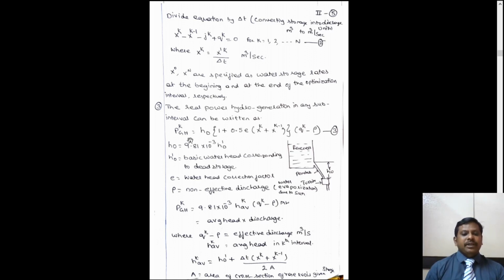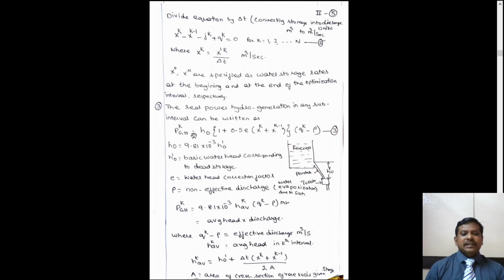This formula can also be obtained from thermal textbooks in the mechanical department: one is Modi and Seth, the second is R.K. Bansal. If you look at these two textbooks, you can get this derivation. But the derivation is not required now, because it has already been studied in your earlier semesters.